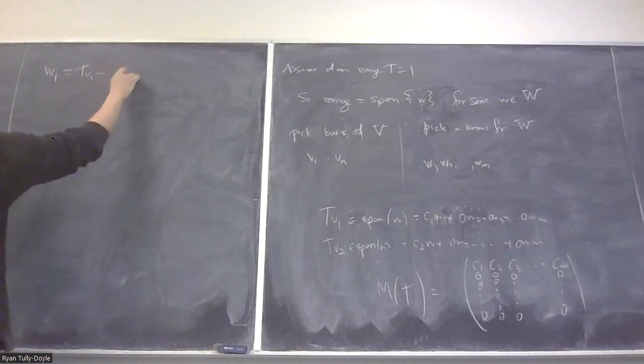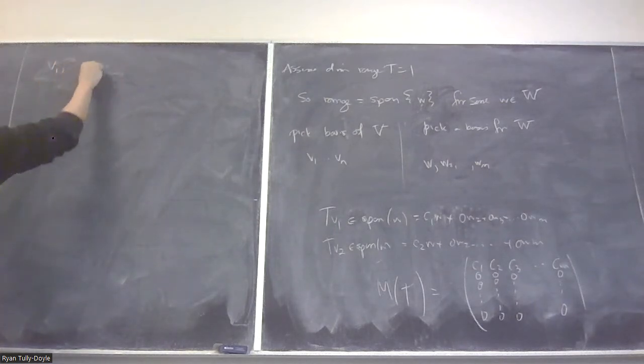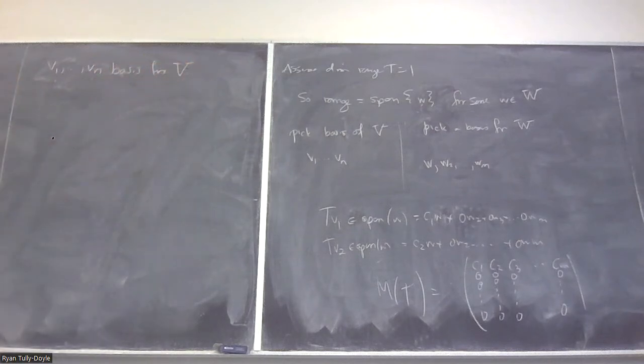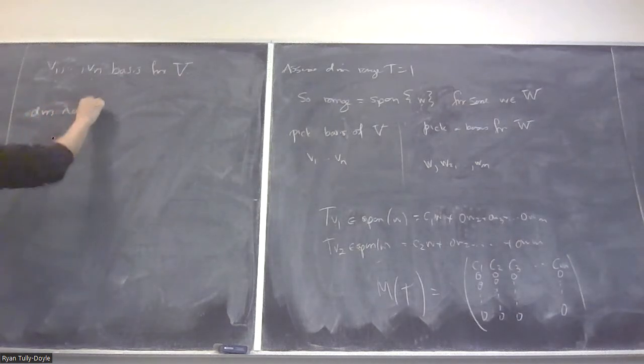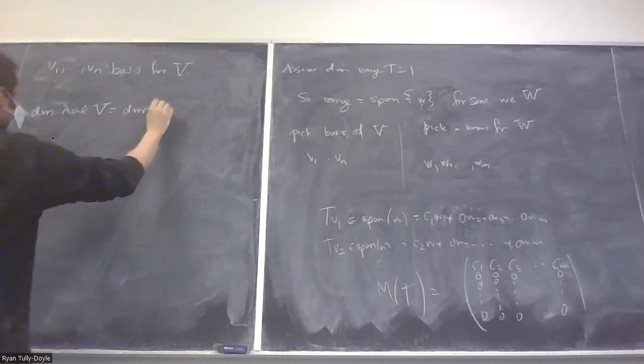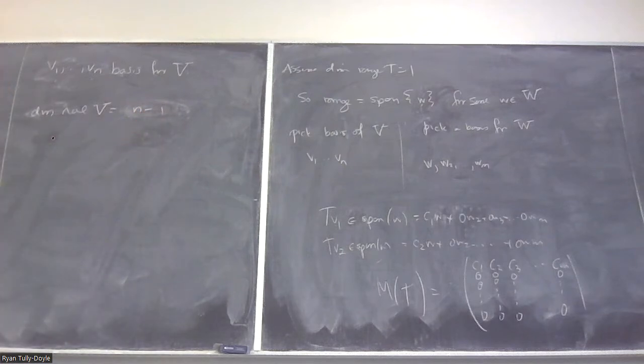Well, to start off, I have V1 to Vn as a basis for V. And then the dimension of the null space, by the fundamental theorem of linear maps, is n minus 1. Might we just write this as n minus 1? Yep. And then that means that V2 to Vn are in null T.